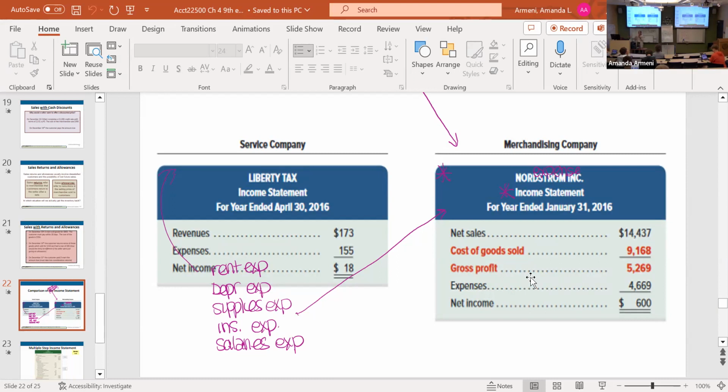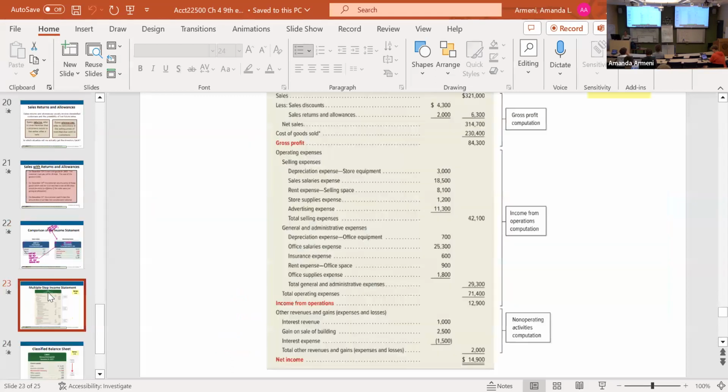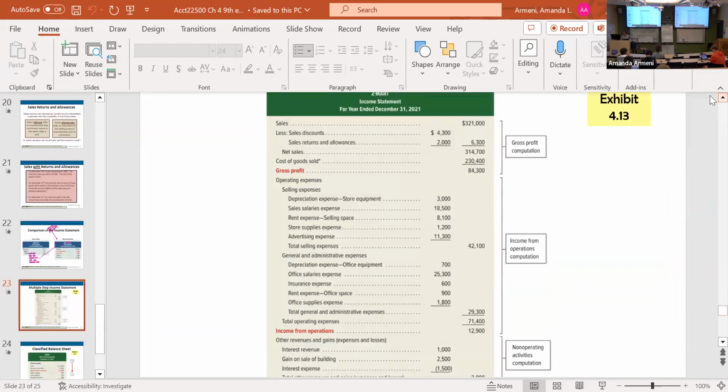And that's a very important thing for merchandising companies to present, because it shows how is that balance between what they sell to their customers, their sales revenue, and then the cost of the goods. You're able to see what that balance looks like on their income statement, okay? An expanded version of the income statement is shown on slide 23, okay?